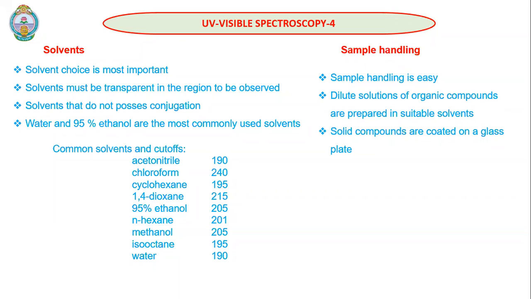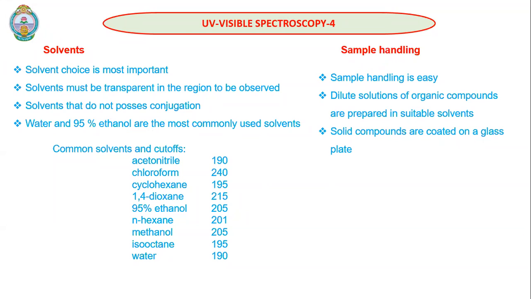Below 200 we don't observe, because there may be many transitions which may not give proper spectra in that region. So the solvent should not absorb between 200 and 900 nanometers. Solvents that absorb light only below 200 nanometers are good solvents. Generally, we use 95% ethanol and water as the most common solvents.